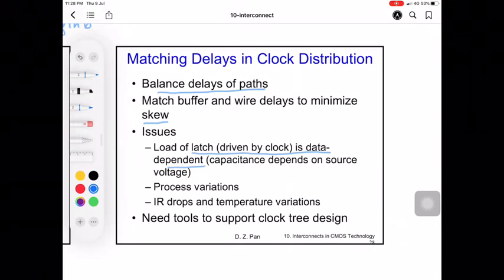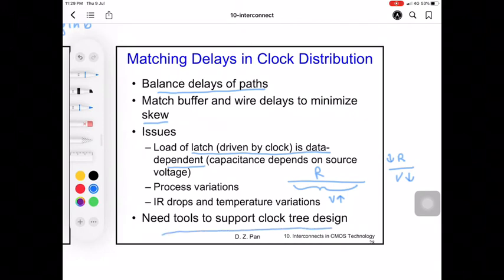And IR drops or voltage drops. A longer wire has higher resistance, so the voltage drop is higher compared to a shorter wire, where the resistance is smaller, so the voltage drop is lower. So there are many different kinds of tools which can support the clock tree design when you design your chip.